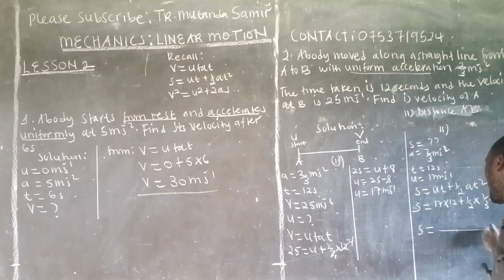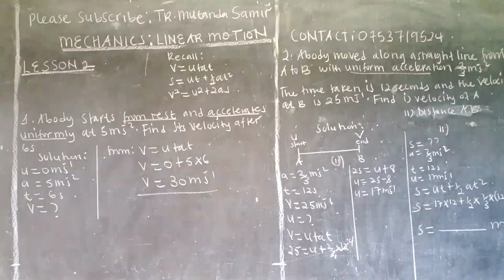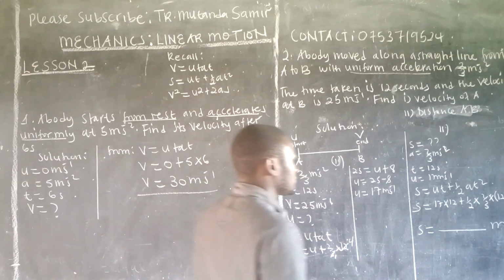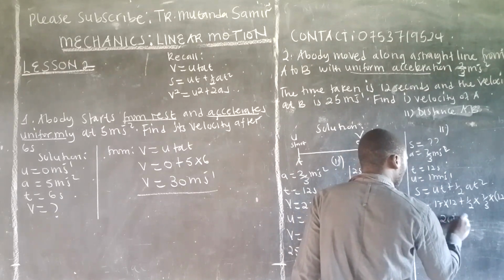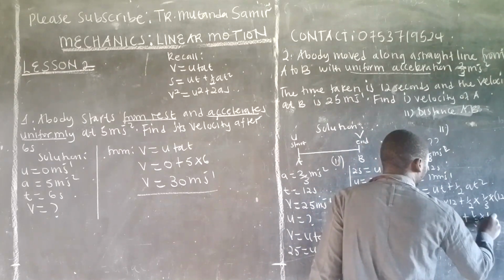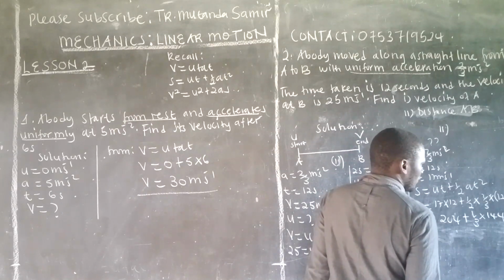Now from there, let's calculate. Press in our calculators and have that answer. The answer must be in meters. I'll have 17 times 12, that will give us 204, plus a third times 144. So here we shall have s equal to 204 plus a third times 144, because 12 squared is 144.